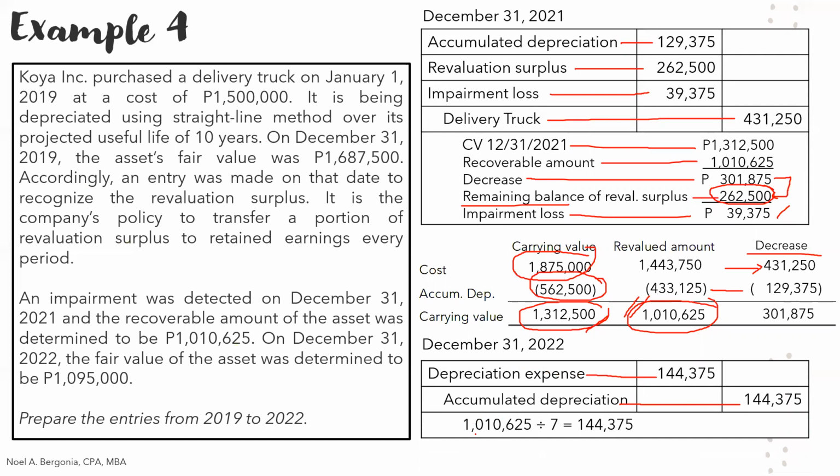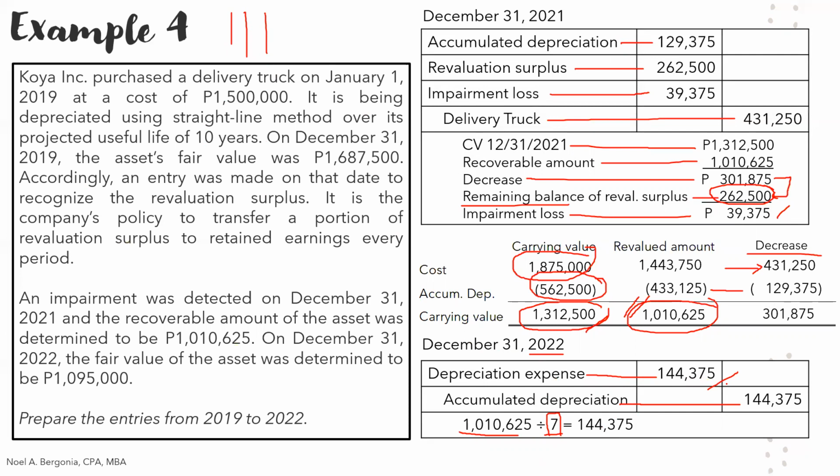So nanggaling yon mula dun sa recoverable amount ng 2021 na 1,010,625 divided by the remaining useful life of 7 years na lang. So bakit 7 years? Kasi di ba 2019, 2020, 21. So 3 years nang nakalipas bago nag-2022. So at the beginning of 2022, we have 7 remaining useful life. So, yun po yung pinanggalingan ng depreciation na 144,375.